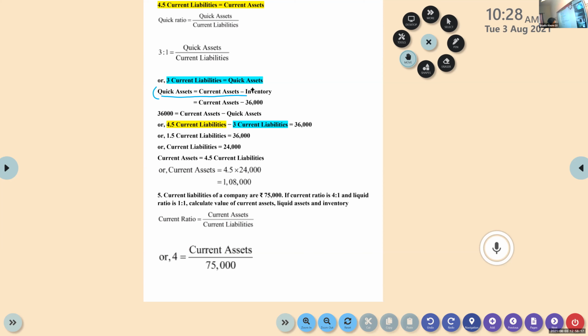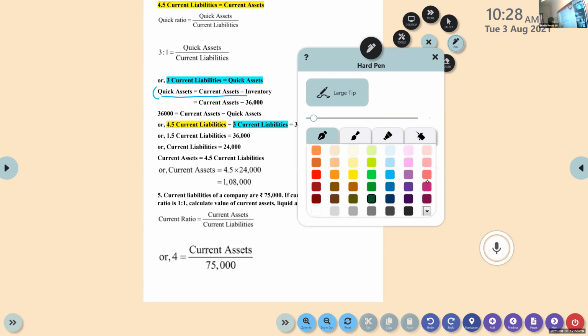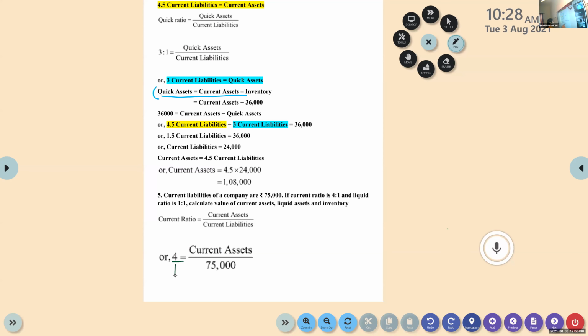So check what are the various informations given. Current ratio is given to you 4:1. That means 4/1 is equal to current assets divided by current liability. You have current liability in the question, 75,000. So what is current assets now?